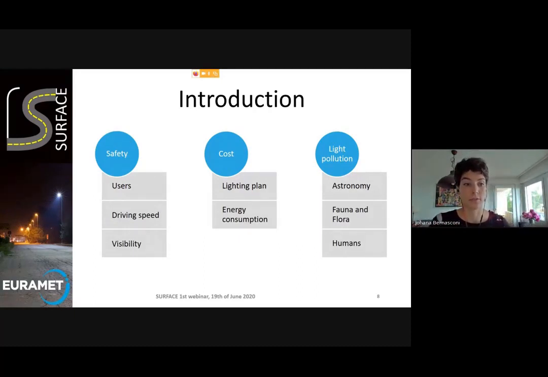And after the installation is done, we will have the energy consumption. And there's also another theme that is the light pollution, which is becoming more important. And this is especially important for astronomy, fauna and flora, and also for humans.